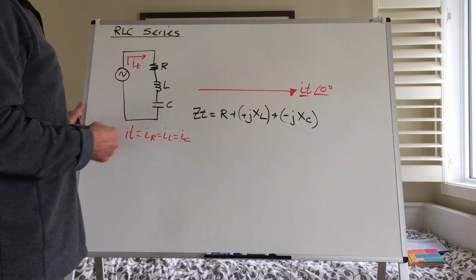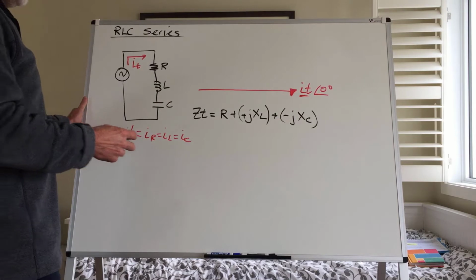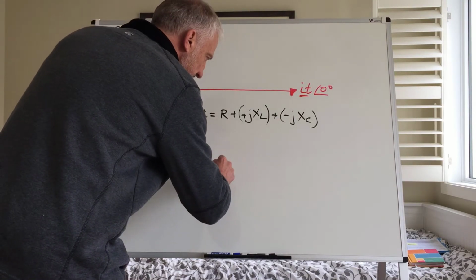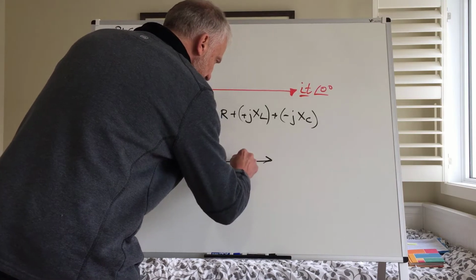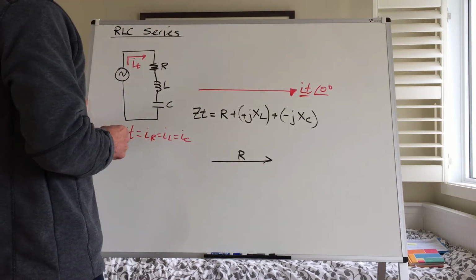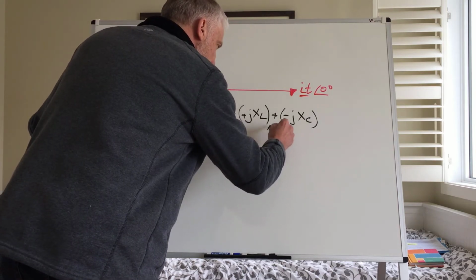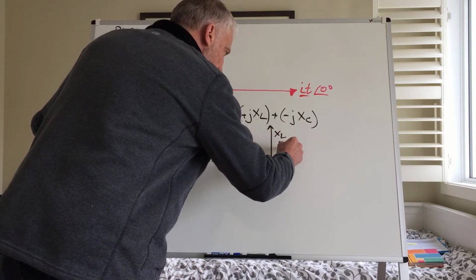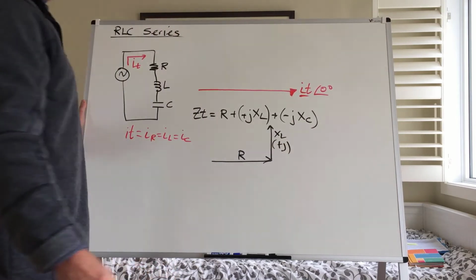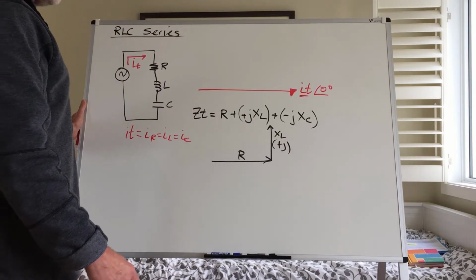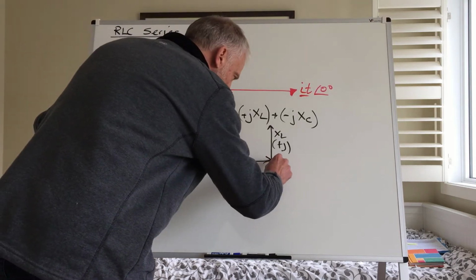So what does that look like if we look at it as far as the phasors that represent this opposition? We're going to have R at 0 degrees as our real value of opposition. We're going to have our XL as our plus J component of imaginary opposition coming from the reactance or the magnetic field of that coil.